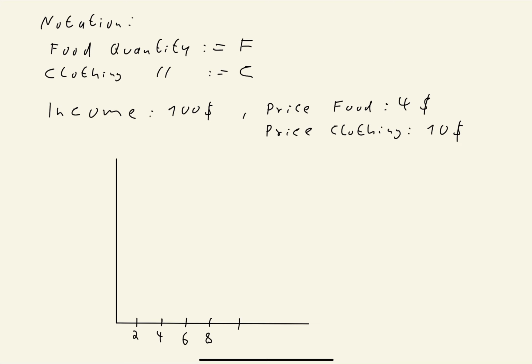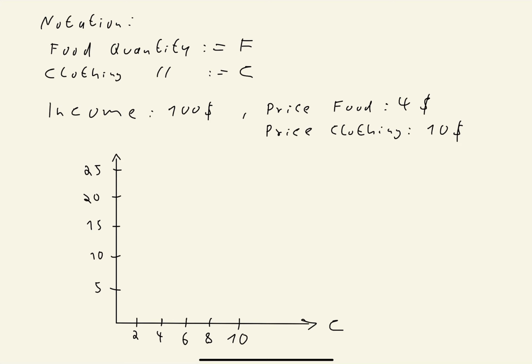This will be clothing, so C. And on the y-axis, we will have food, with steps of 5. So we start with 5, then 10, 15, 20, and 25.